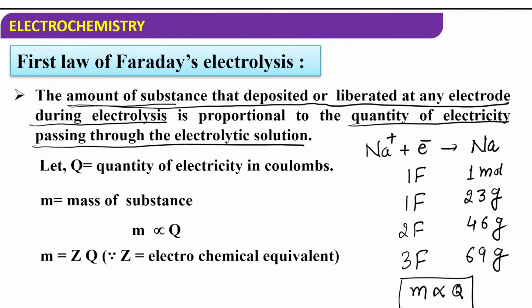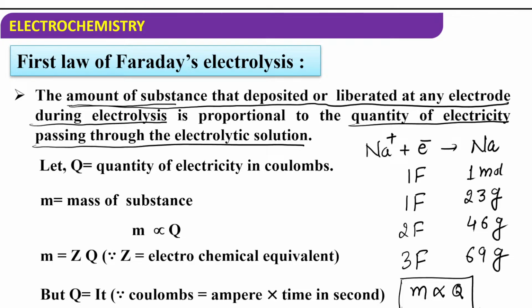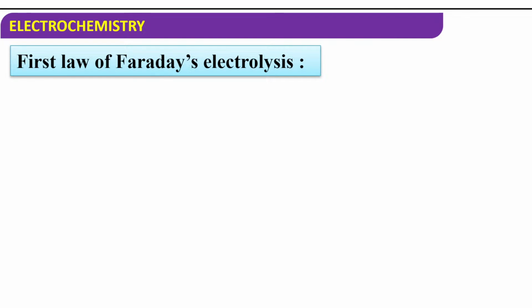Now you know this Q, the charge or quantity of electricity in coulombs, is equal to I into T, because coulombs is equal to current in ampere and time in second. So Q becomes equal to I into T. That means M becomes equal to Z into Q, and M is equal to Z into I into T. Now this Z, what is this Z?